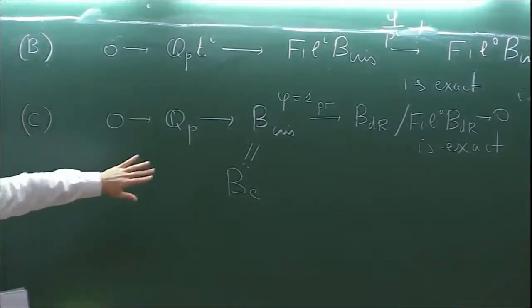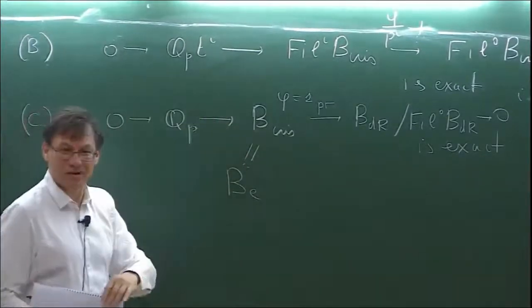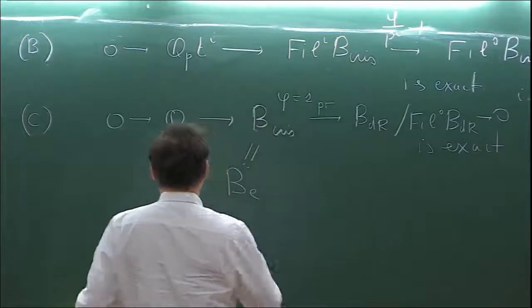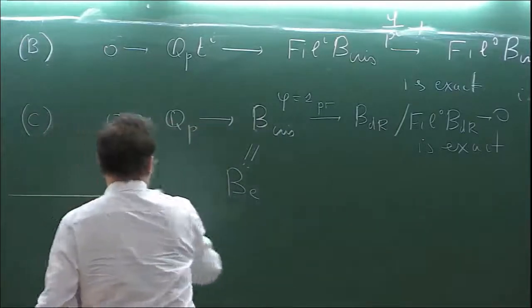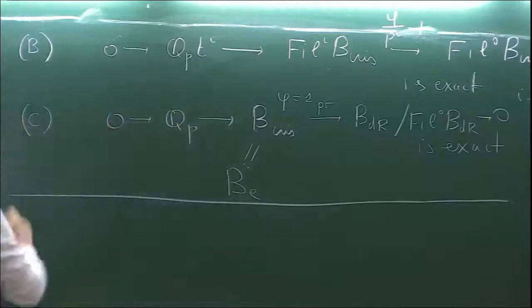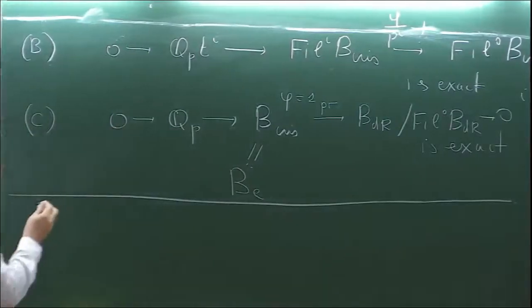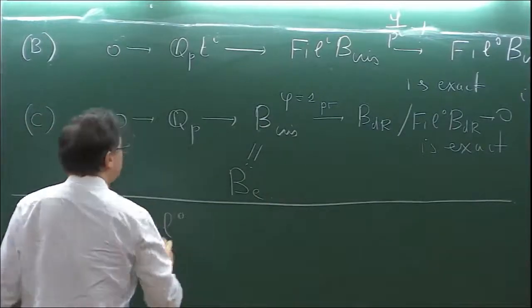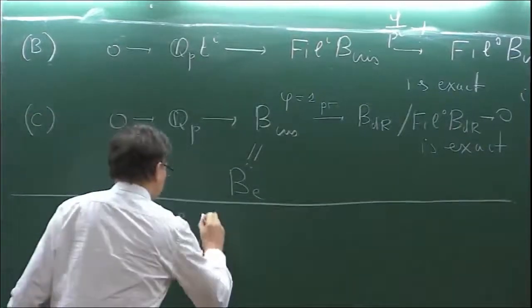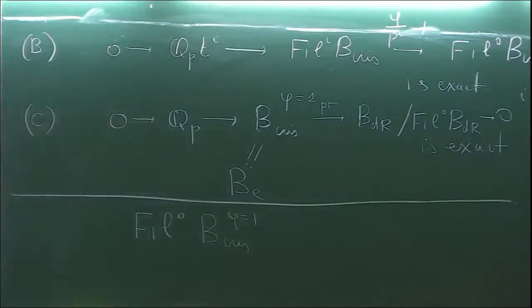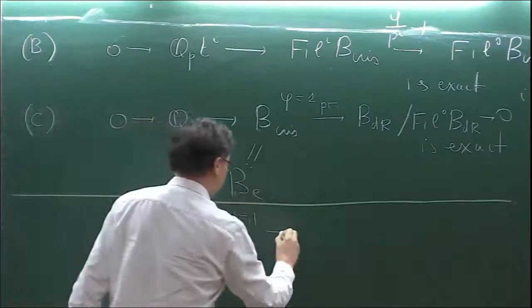Before, this special notation hadn't existed, but now it exists. Okay. So in particular, the exact sequence C tells us that Fil^0 B_cris fixed by phi is Q_p.